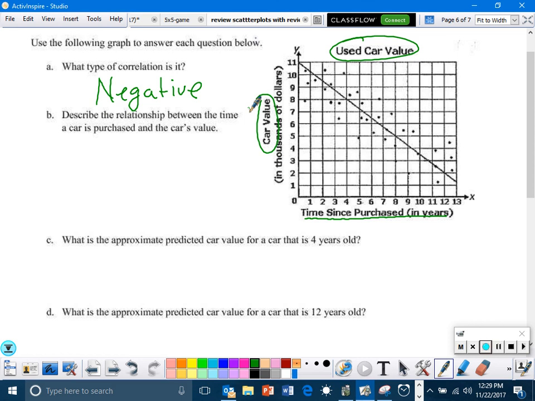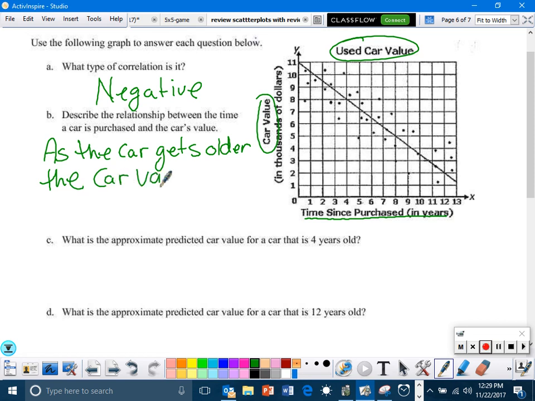So as the car gets older, the car value decreases. And we already knew that from previous problems that we have done.